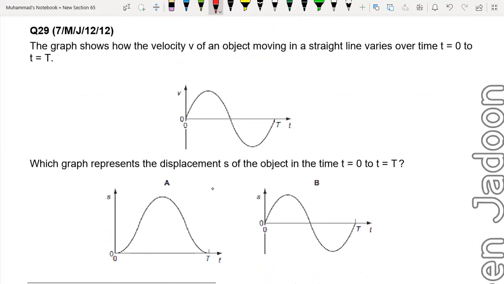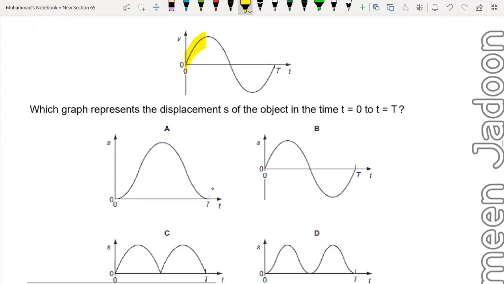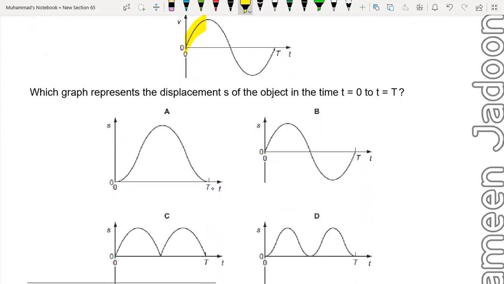So we are given a velocity time graph. Velocity is 0, then velocity increases. So the gradient of the displacement time graph should be 0 at the start. You can see the gradient over here is 0. Over here in option B, the gradient at the start is non-zero. So that's why I ignore these two options.